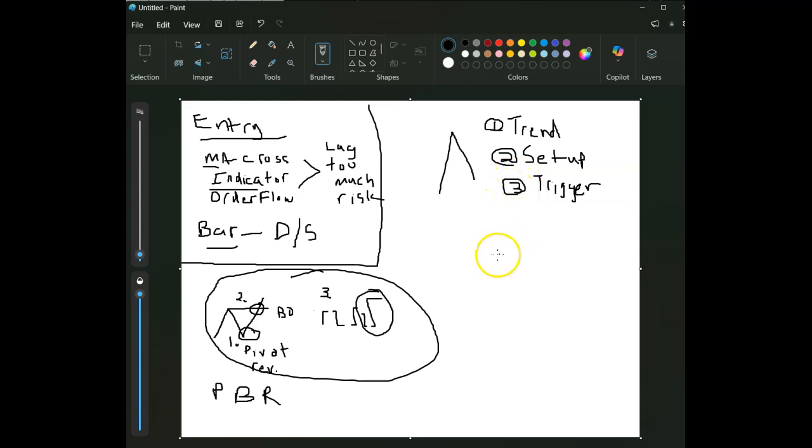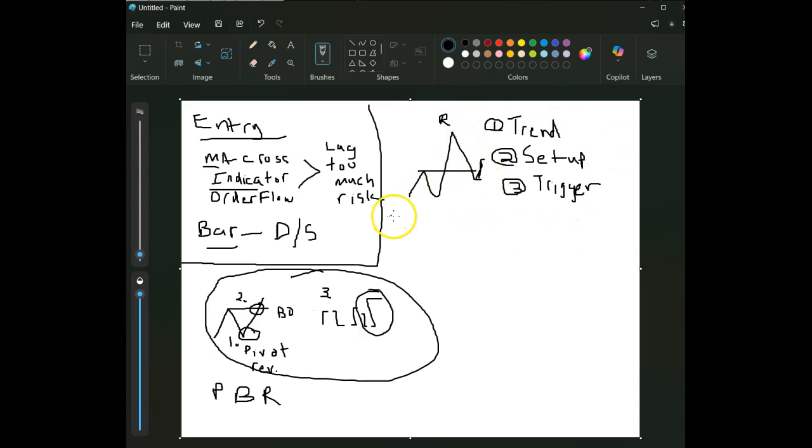So it may be like you have a rally, with the trend on a higher time frame going up, the lower time frame has a rally, and then it has a setup. Maybe it's a break and test, and then you have that trigger, which happens right there with the big green bar. So again, the trend was the higher time frame going up. The setup is this rally, test the breakout, break and test, and the trigger will be right here, right as the setup occurs.